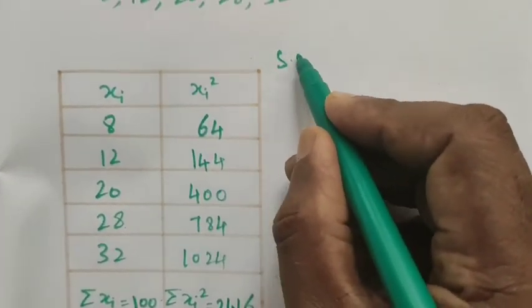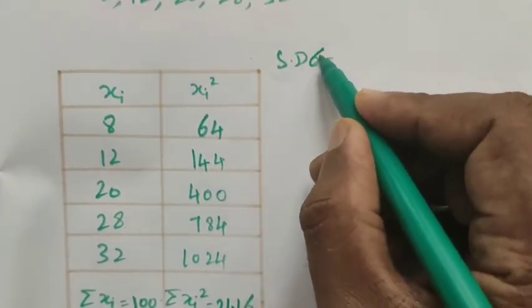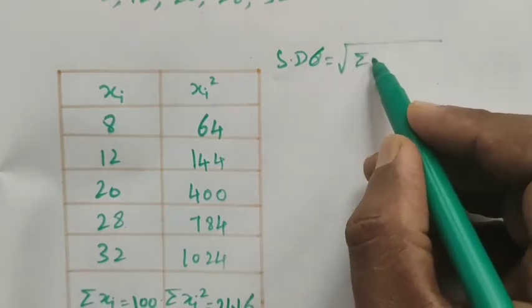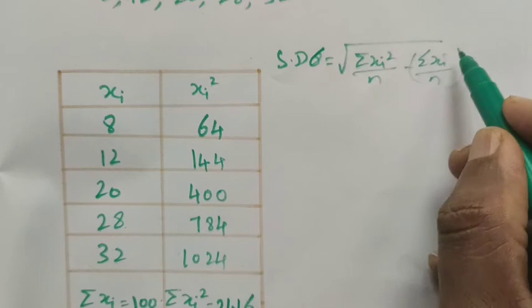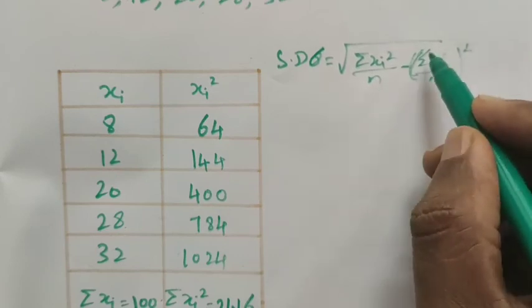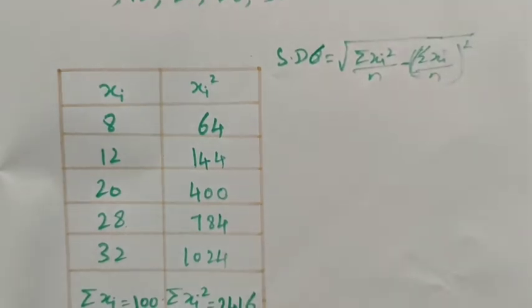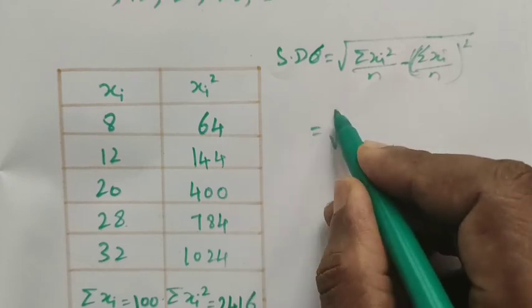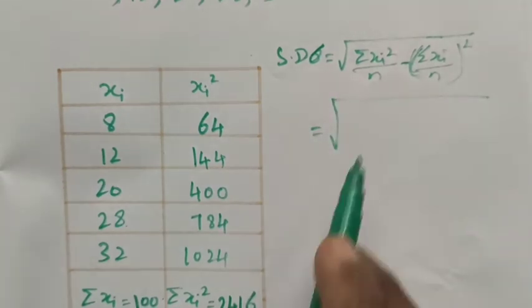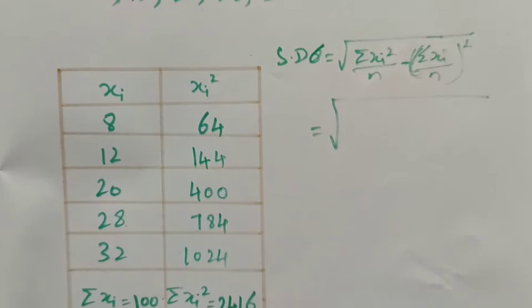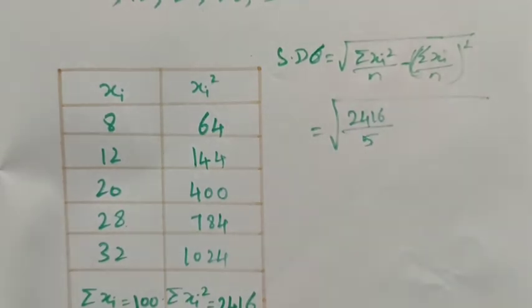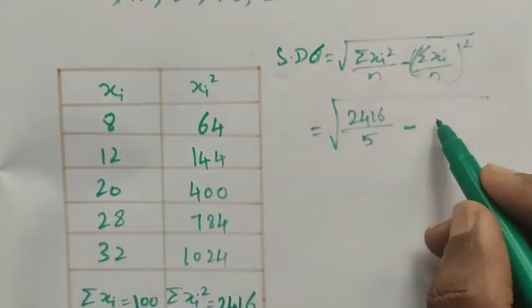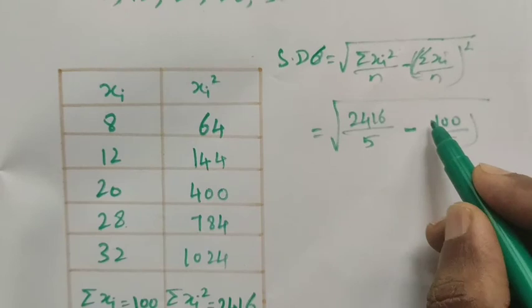Therefore the standard deviation sigma is equal to root of summation xi square divided by n minus, summation xi divided by n, whole square, is the formula. Now we have to apply the values. Root of 2416 divided by n, which is 5, the number of data, minus 100 divided by 5, whole square.